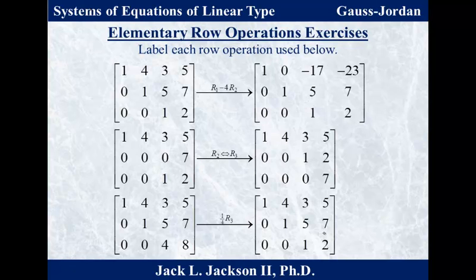So the first one we did row 1 minus 4 times row 2. That was the elimination step. And notice we eliminated the y term, if this is x, y, z, constants. We eliminated that 4y from the first one. So that was an elimination step. This one down here, when we swap 2 rows, we're just swapping the second and third row.